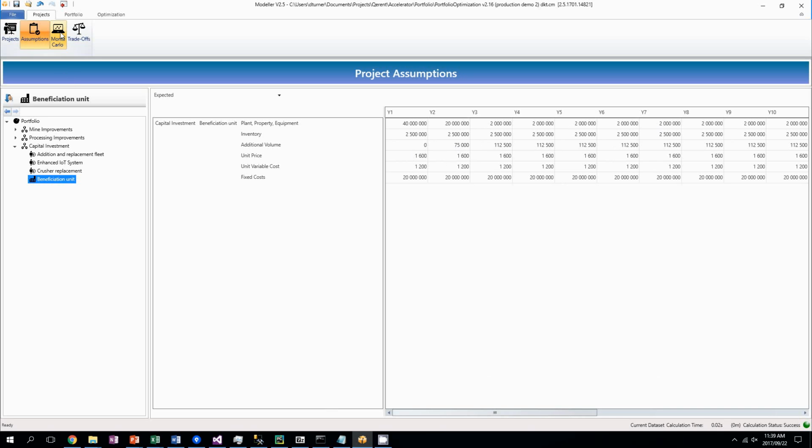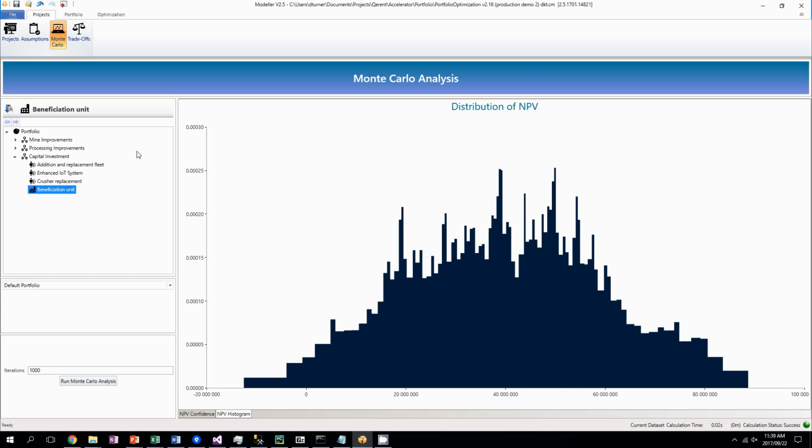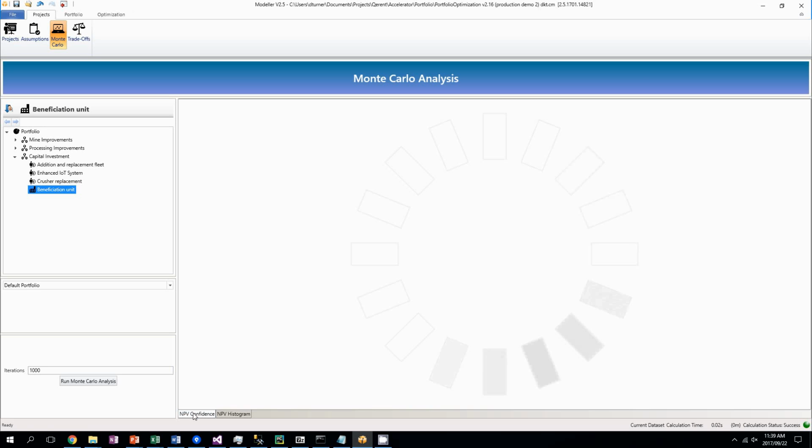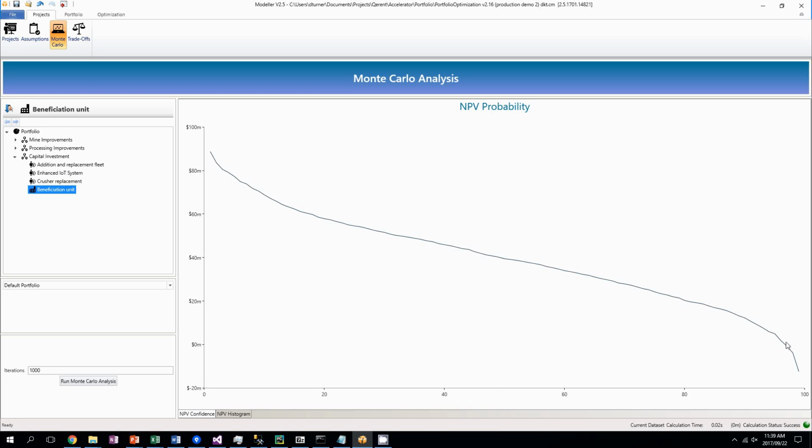So once the projects are loaded into the system, one can run a Monte Carlo analysis, and then for every individual project we will have a distribution of the NPV for that project, and also a confidence table which we can use to very quickly read off the probability of achieving various NPVs.